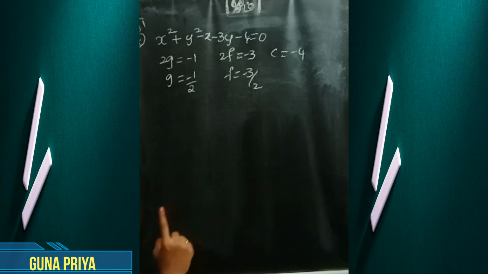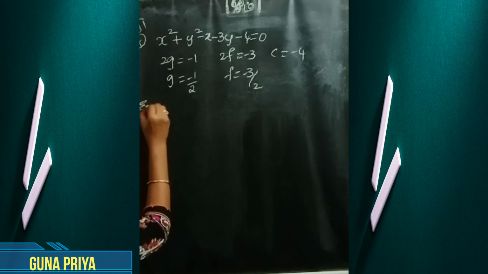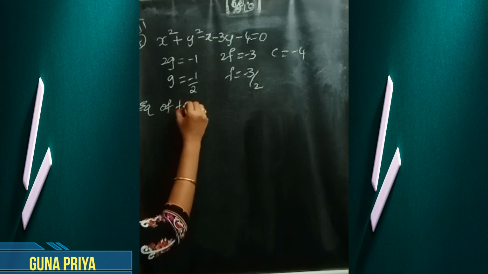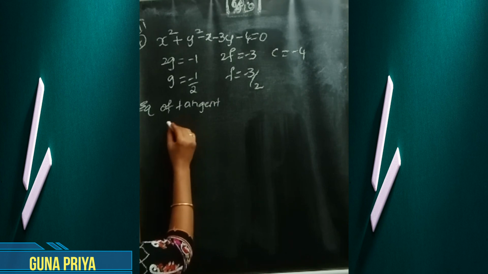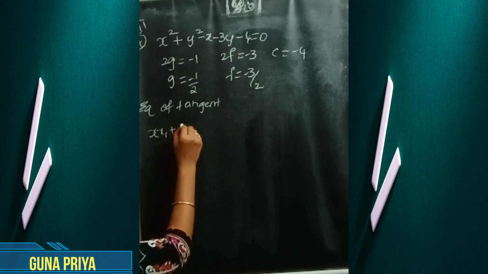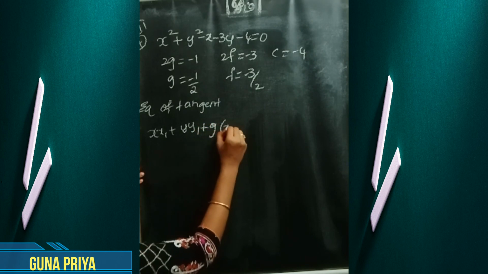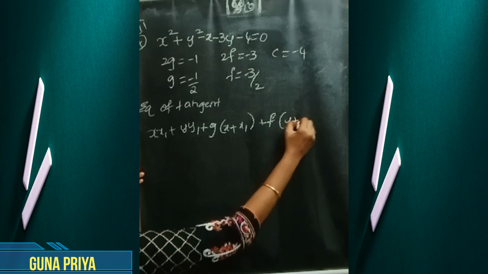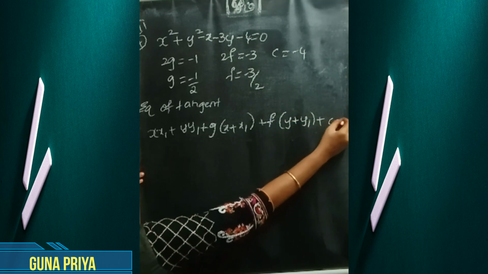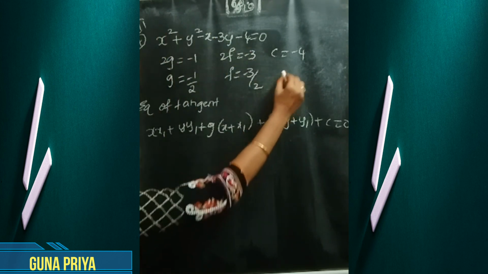Now, first they have asked to find the equation of the tangent. The tangent formula is x(x1) plus y(y1) plus g into x plus x1 plus f into y plus y1 plus c equals 0. But they have given another one.